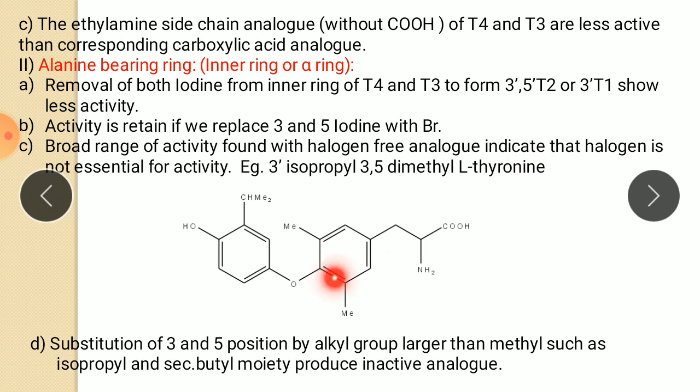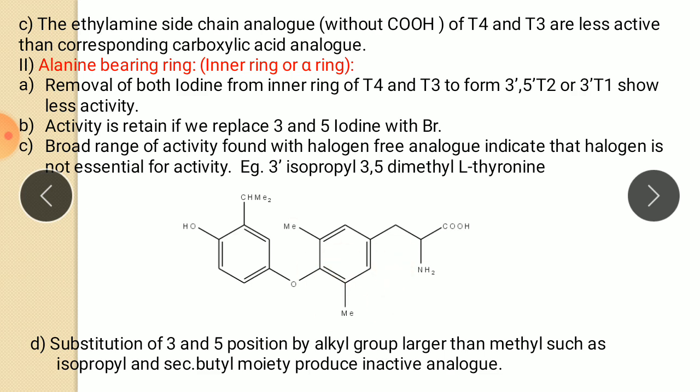So here iodine is replaced by this methyl group. Therefore, it shows the activity. So halogen is not important for activity. The example is 3'-isopropyl-3,5-dimethyl-L-thyronine, in which iodine is replaced by this methyl group.